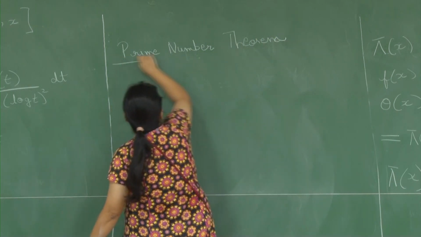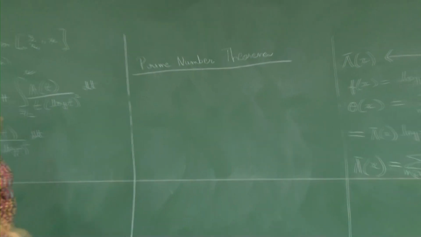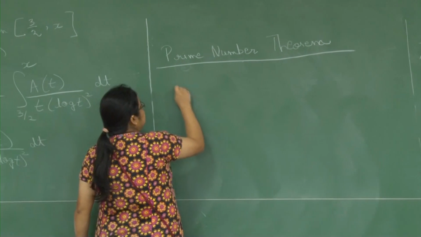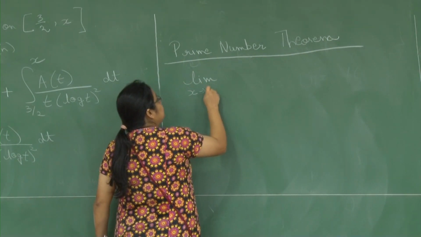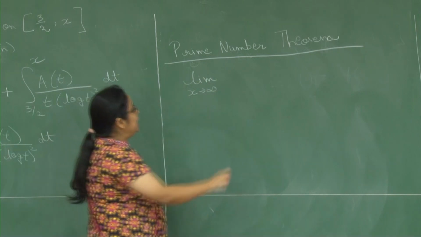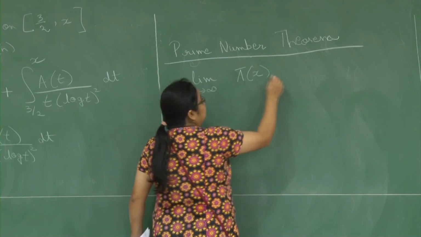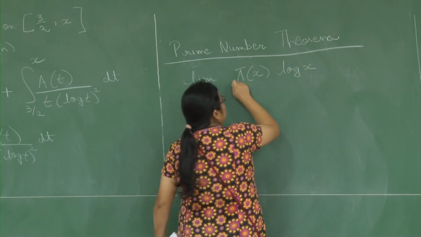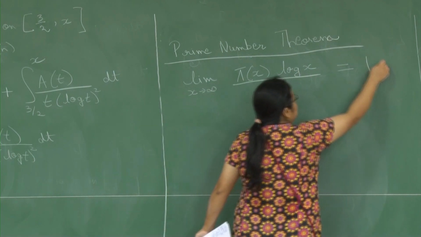So, this was a conjecture that was first made by Gauss. What does this theorem say? It says that the limit as x goes to infinity of pi of x, the prime counting function, times log x over x, is equal to 1.